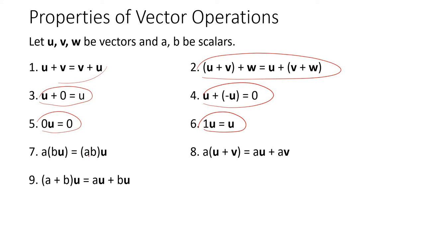Again, this would be associative property, where a and b are numbers and u is a vector. Distributive property, and again, distributive property written the other way with two scalars and one vector, here with a scalar and two vectors. So all the properties that we normally think of apply to vectors as well.